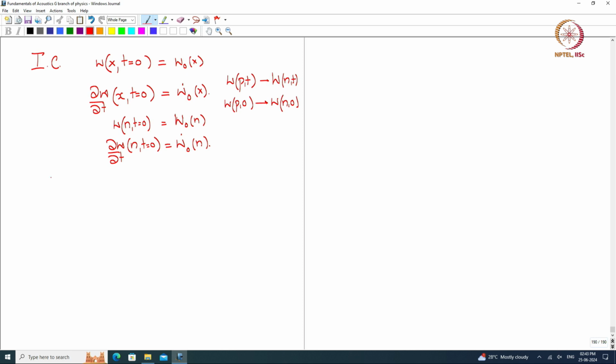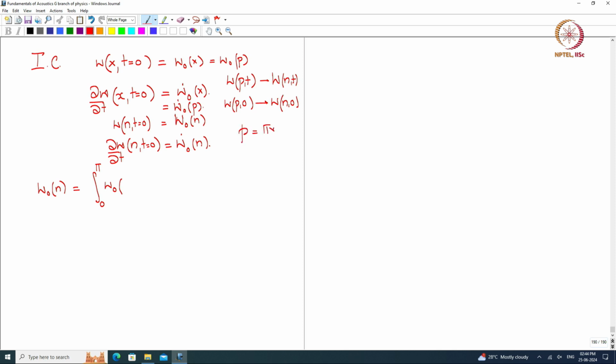Okay. Now, what is W0 of n? W0 of n is the integral 0 to pi of W0 of p sine np dp. This has a form W0 of p, and this has a form W dot 0 of p also. After all, p and x are related.